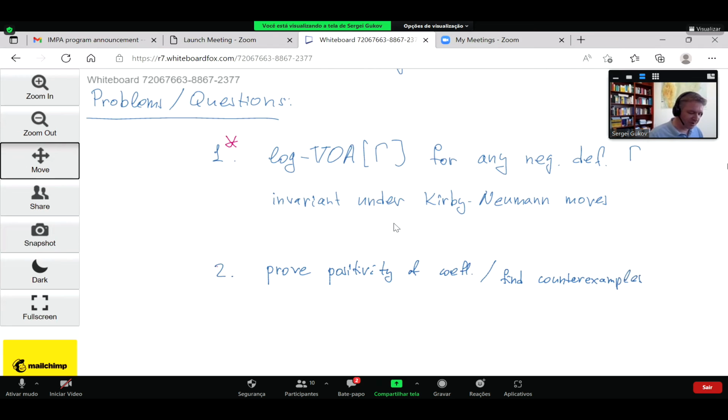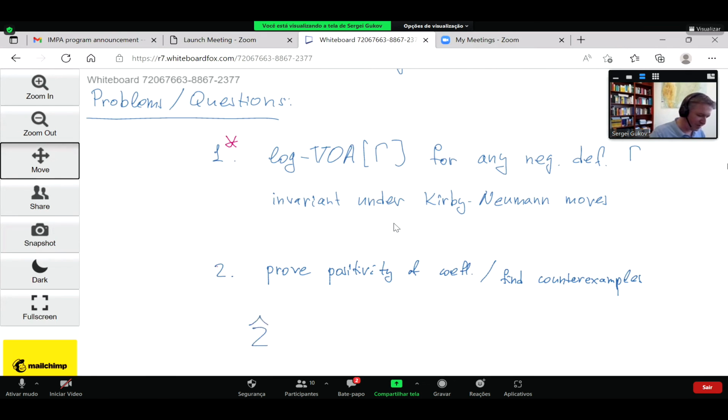Actually, I was going to give a close cousin of this problem, but someone asked me yesterday about positivity, and I thought that this is indeed a good question. So I'm going to give it as question number 3, which is analogous.